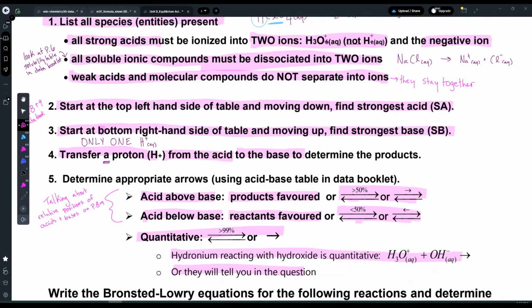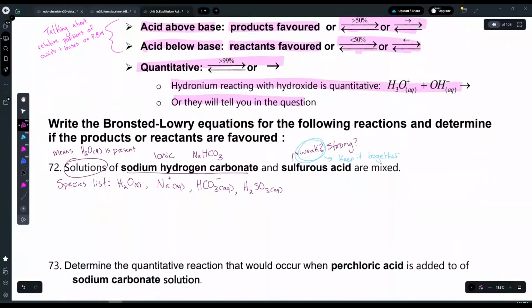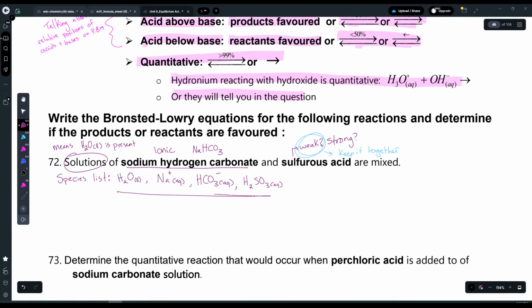So we're going to start at the top left-hand side of the table, and we need to find our strongest acids. So basically, we're checking to see which one of our species in our species list we run into first in the acid column.